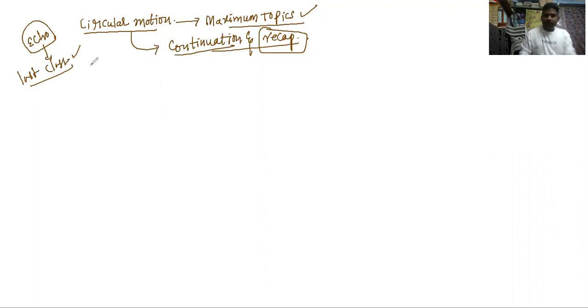What we had discussed earlier, we started with the concept of circular motion. In this circular motion, we have considered a circle where a particle is moving from the point A and reaching the point A dash. From A to A dash.